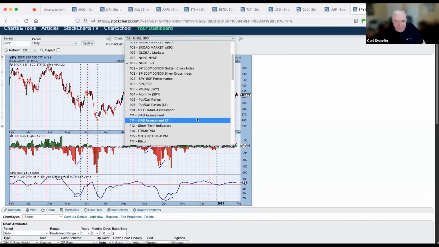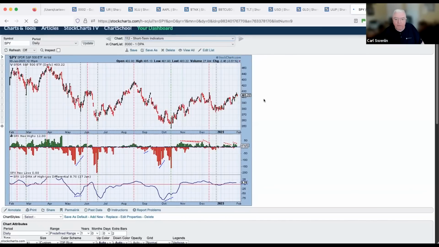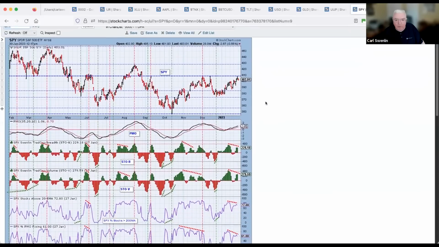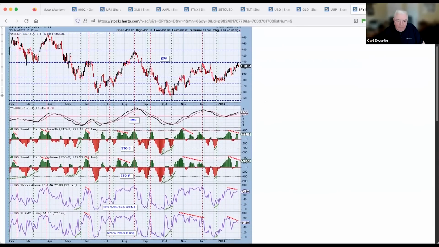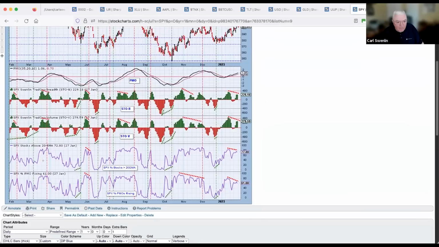We have our short-term indicators. On the S&P, the Swenlin trading oscillator for breadth and volume, again, they have a negative divergence with lower highs against higher price highs. And the stocks above the 20 EMA and PMOs rising, also negative divergence.